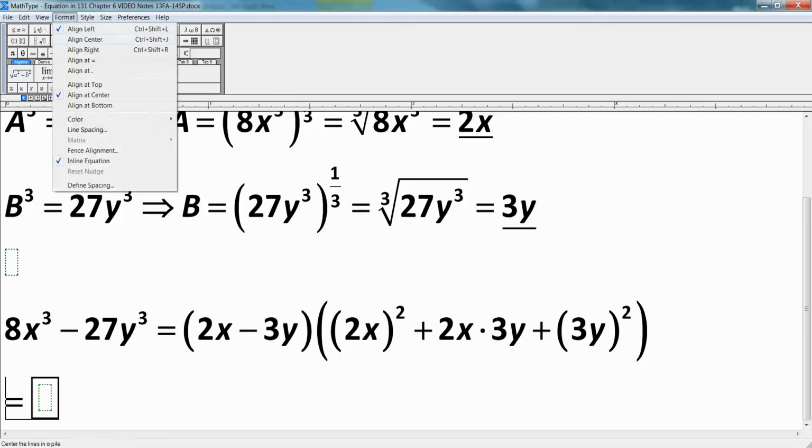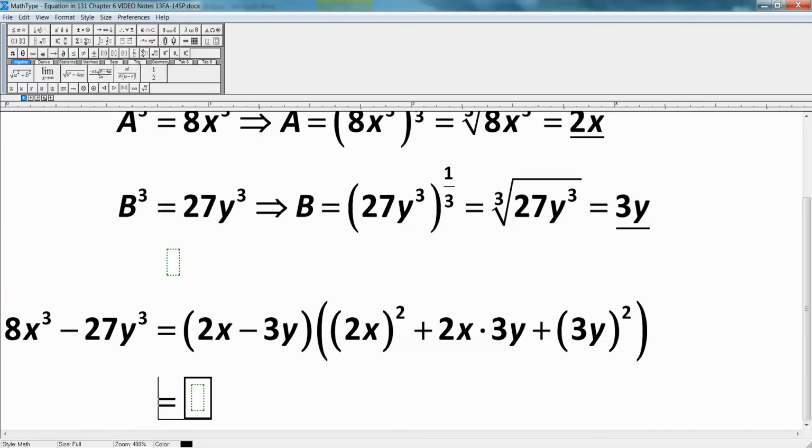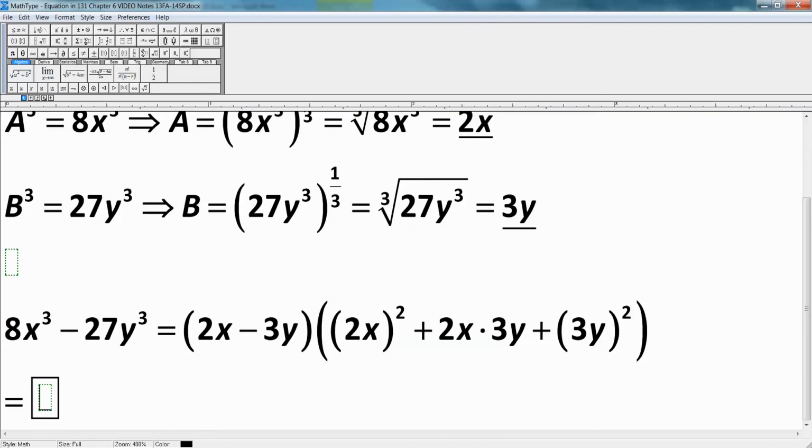All right, so this is going to be 2x minus 3y. I'm sorry, I was messing around with my formatting here. All right, so it's going to be 2x minus 3y, just like it was before. Nothing's changed on that part. And then you want to take the time to figure out what these other pieces are.